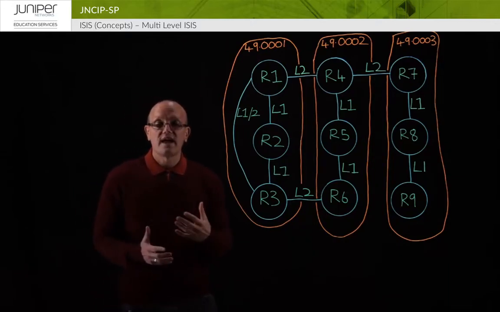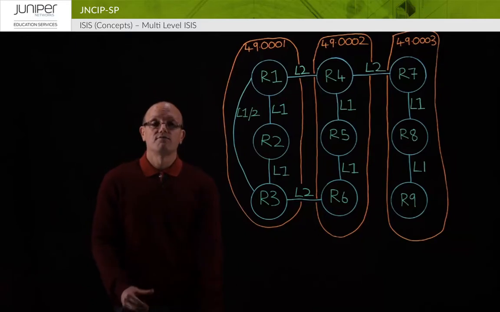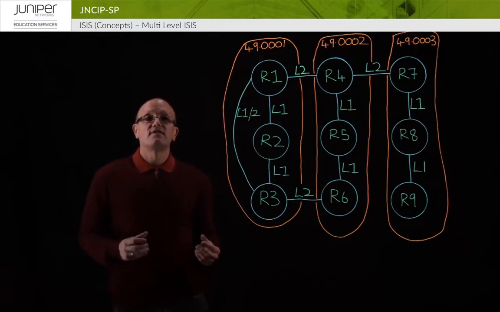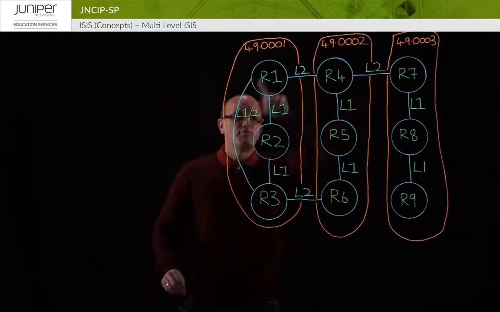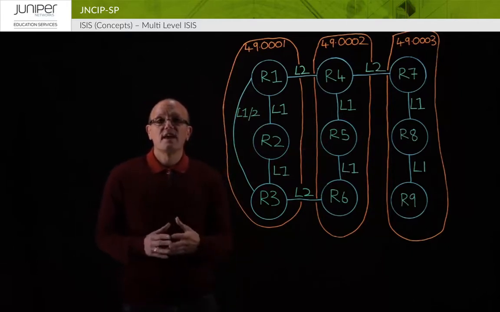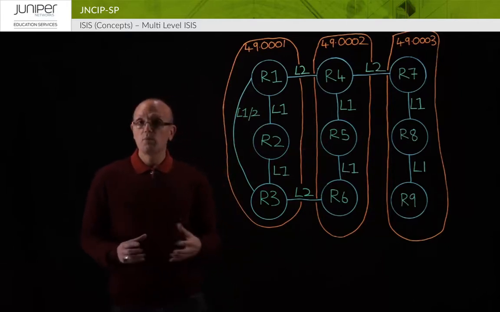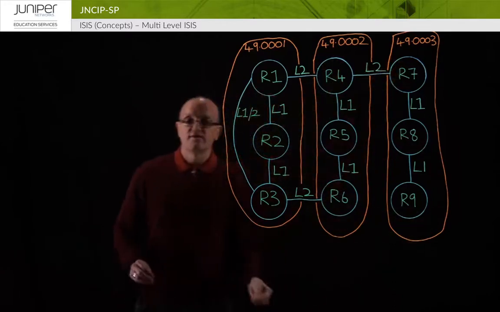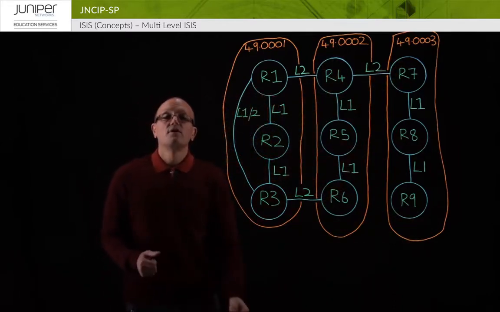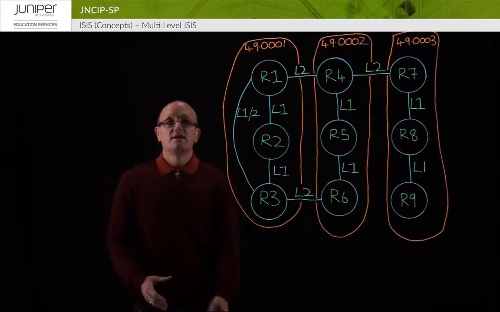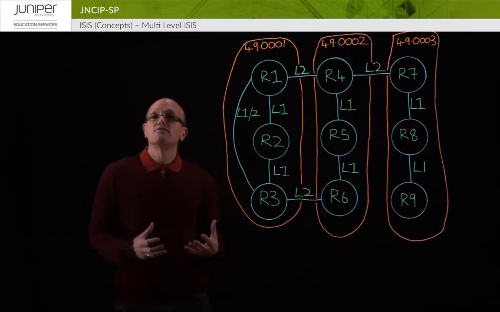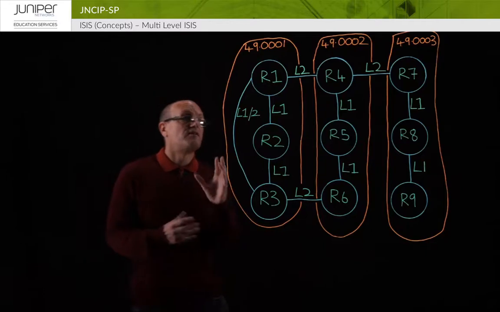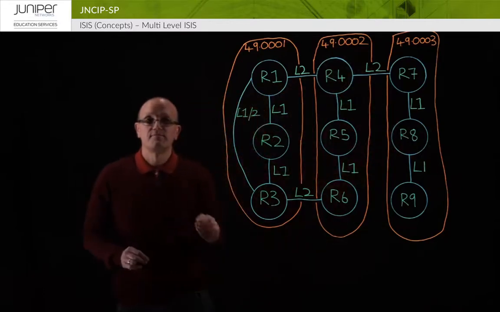So we need a contiguous line of level 2 adjacencies to form the backbone. And into this backbone, we advertise the routing information from all of the separate level 1 areas. So the backbone has a complete picture of all the routing information going on within the entire ISIS domain.